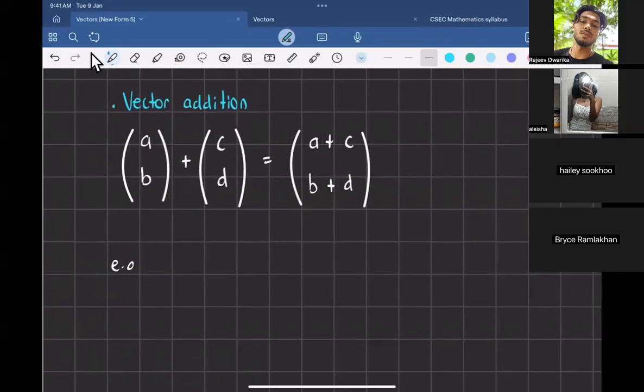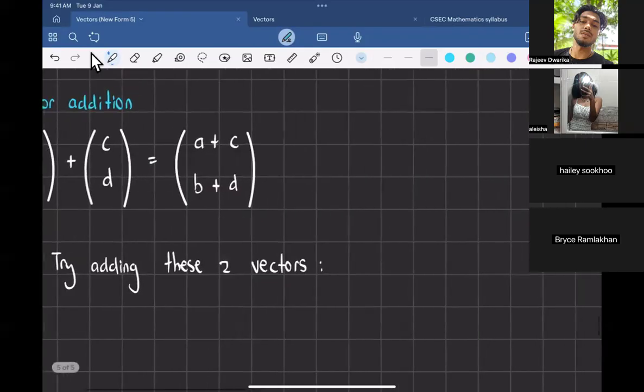Example. Try adding these two vectors: 4, 2, and 3, minus 4.